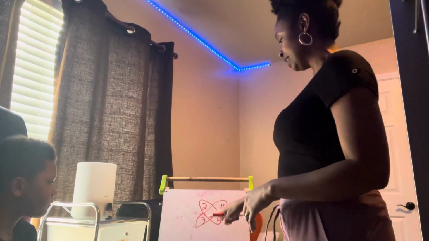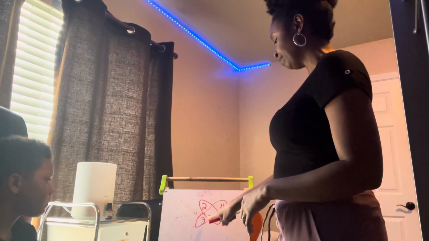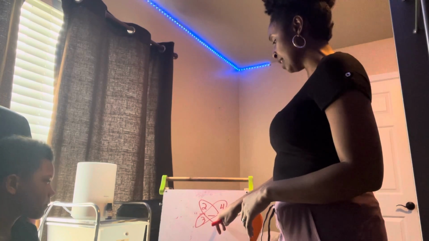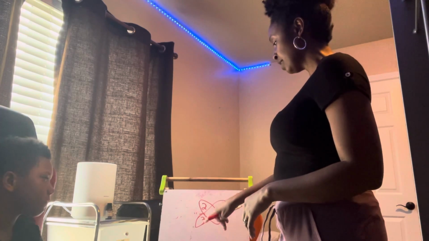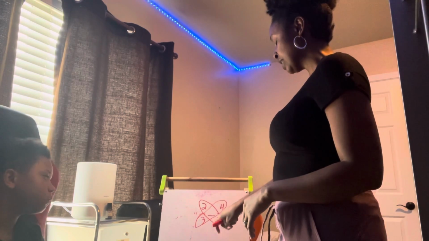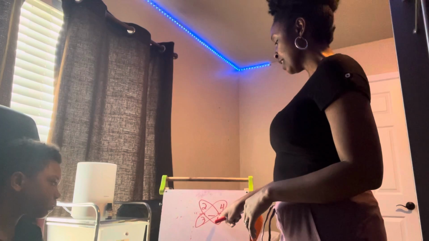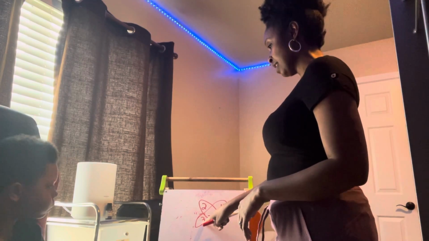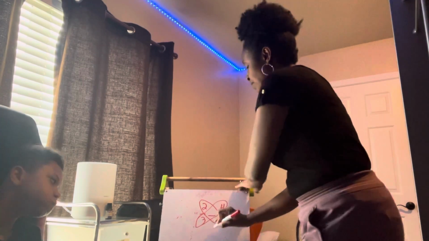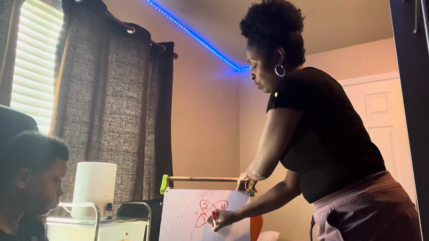And the way you do this is you're going to multiply the number 5 times 2 to get the top number, and then to get the bottom number, you'll multiply 5 times 3.